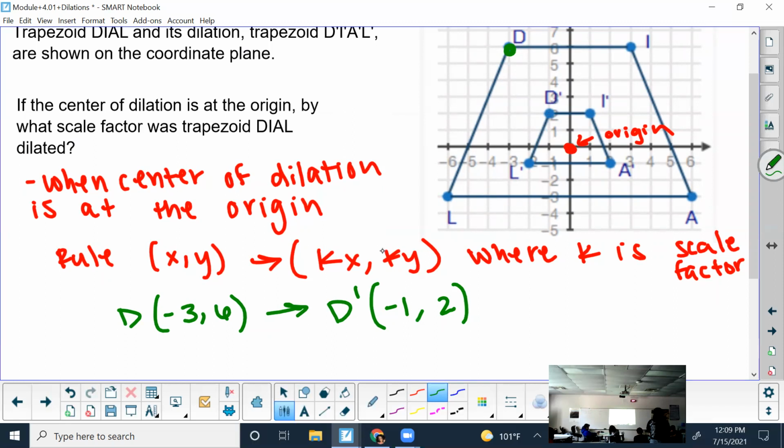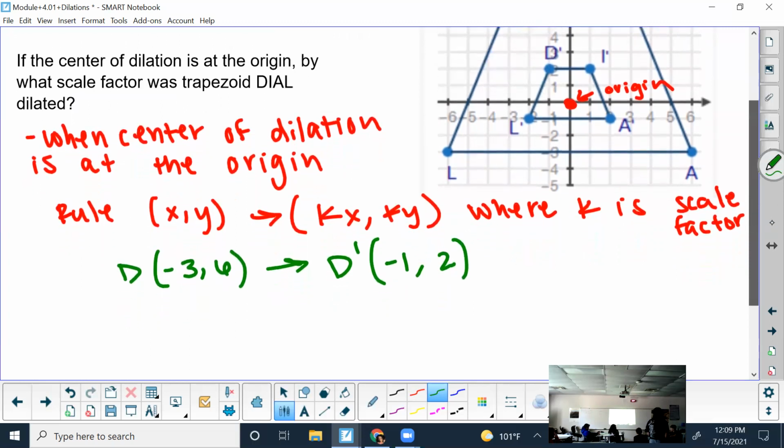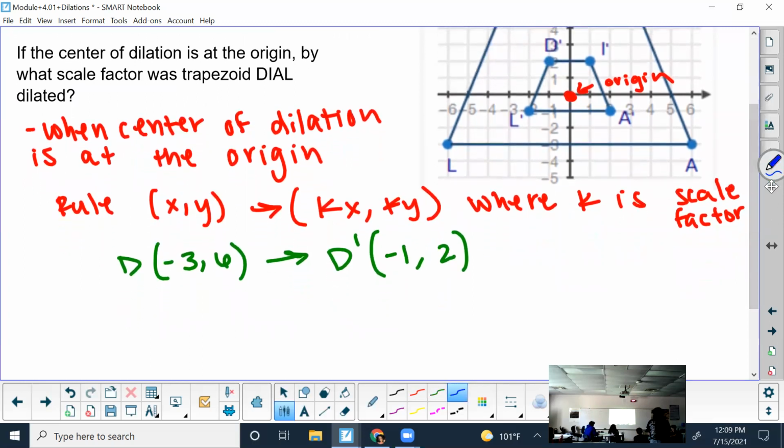So in between, we multiplied something by both of these numbers in order to get -1, 2. Question so far? To figure out what number we multiplied by, or what our scale factor is, we can set it up as an algebra problem.